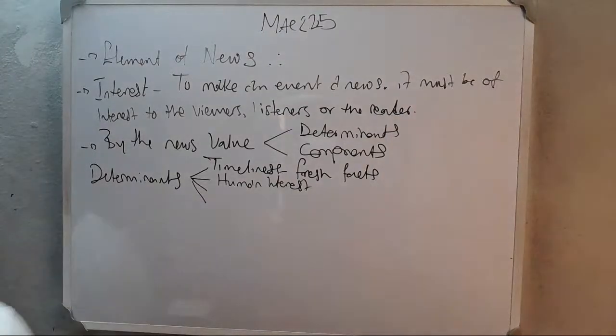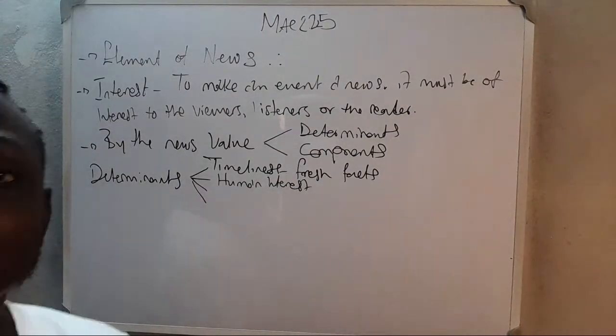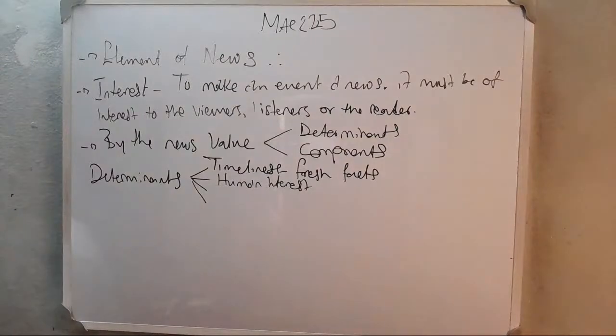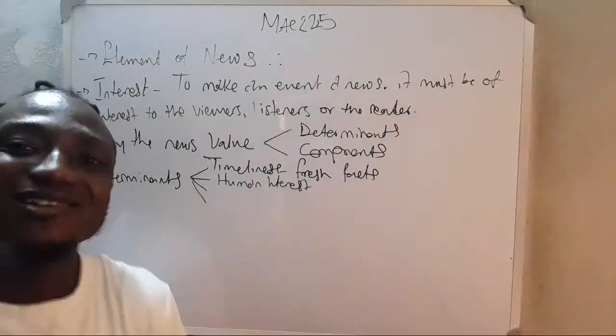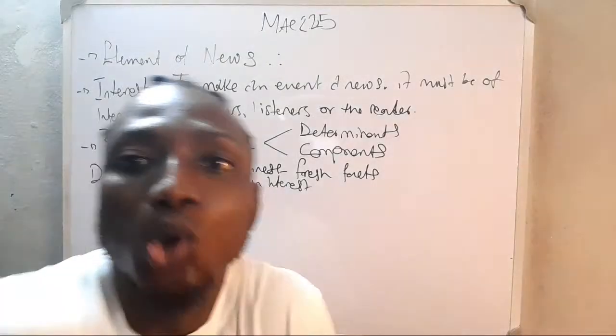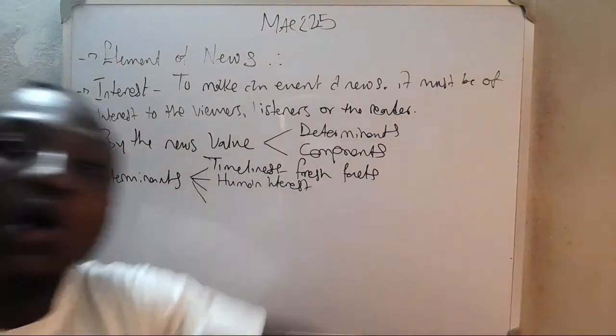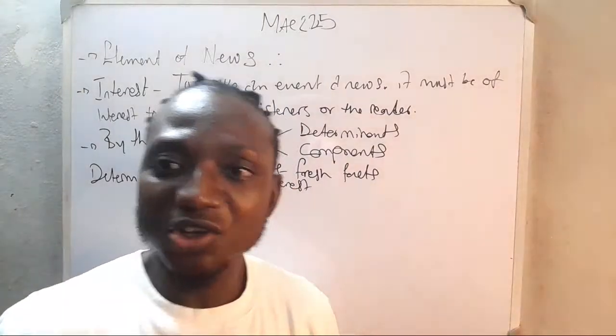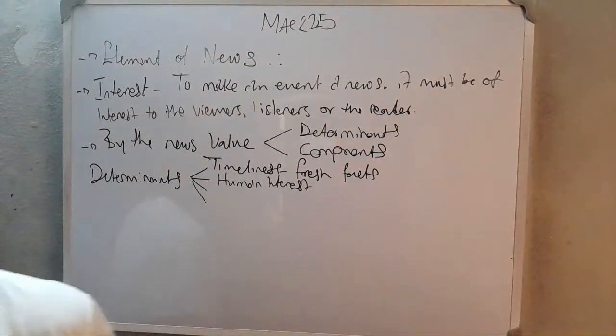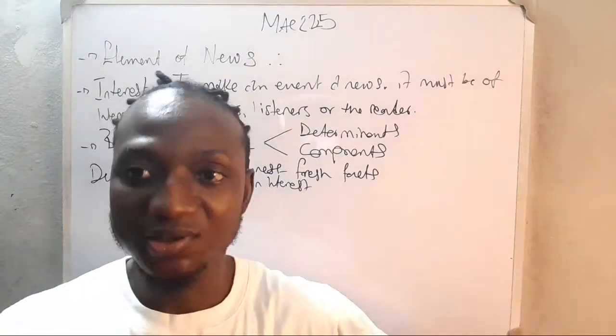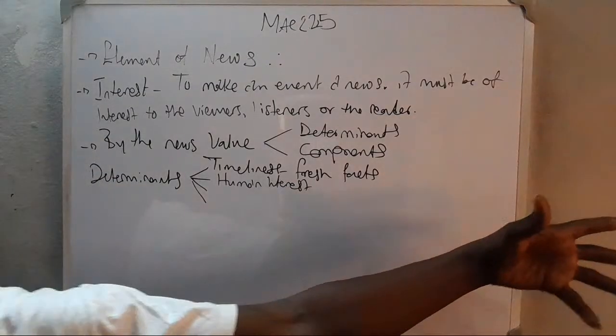Let's say in a particular community, something bad happens. It might not necessarily happen to you, your friend, or your family members, but the fact that it's in your community, all of a sudden you see that you are interested in it, because something that can happen in your community, who knows, you might be the next victim.